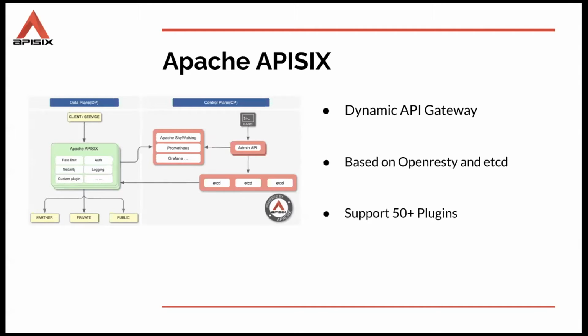And thanks to OpenResty, compared to Nginx, we could dynamically change the configuration, so it will be better. And to achieve those functions, we currently support 50 plus plugins. And yeah, that's for APISIX.